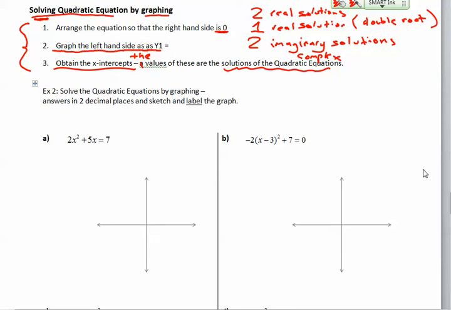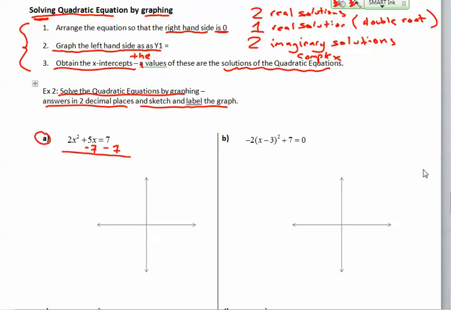Cool. So let's look at this first one. It says solve the quadratic equations by graphing. Answers in 2 decimal places, and sketch and label the graph. My first step for A is I need to get everything over on one side of the equal sign, okay? To be honest, it says up here, get it on the right-hand side. That doesn't matter. Just get everything over on one side of the equal sign, okay? In this case, to do that, I'm going to subtract 7.